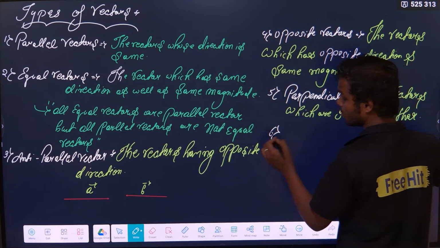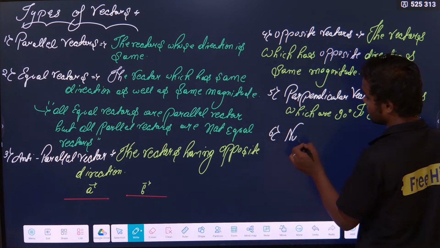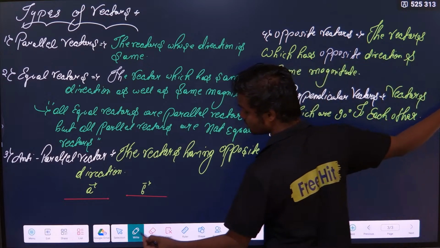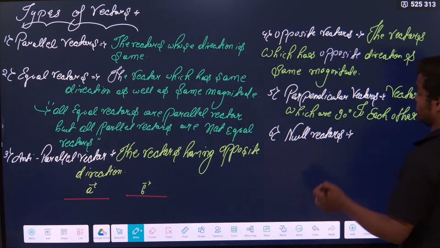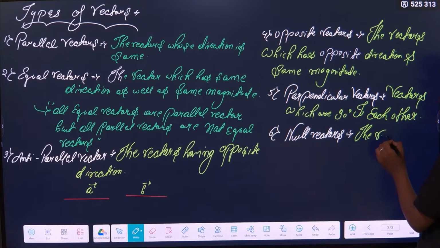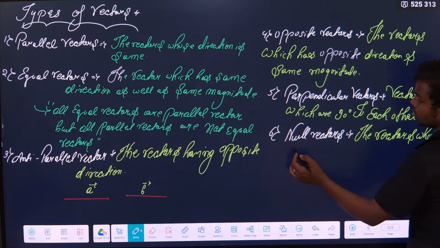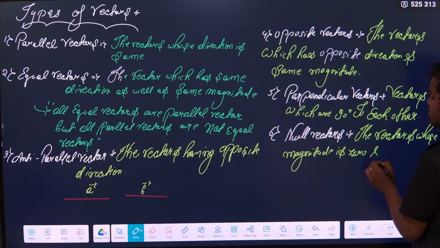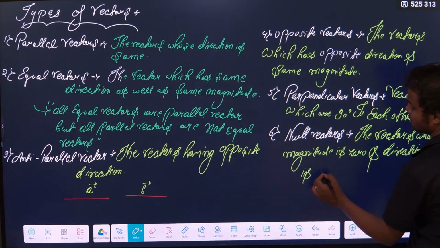Next is the null vector. The vector whose magnitude is 0 and direction is anything, you can say arbitrary.